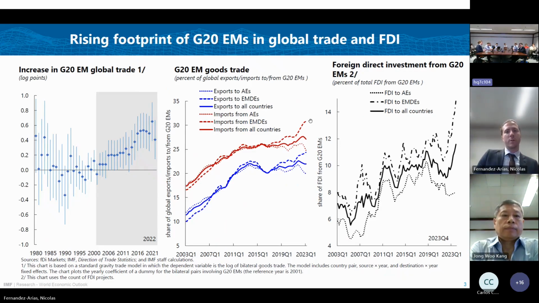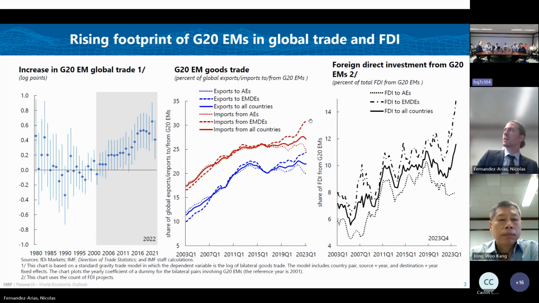So to further document this increasing integration via trade, we have a few different measures here on this slide. On the left, we show the results of a standard gravity equation estimation, where what we're showing here is the estimate of a shifter for all pairs involving G20 emerging markets.